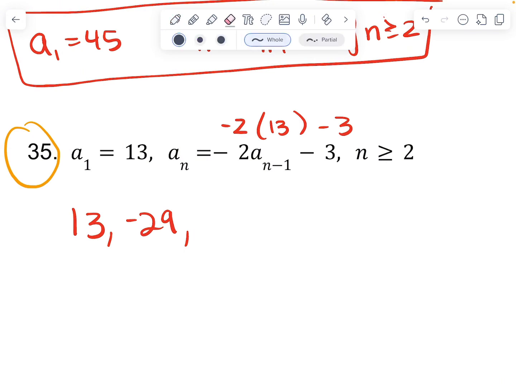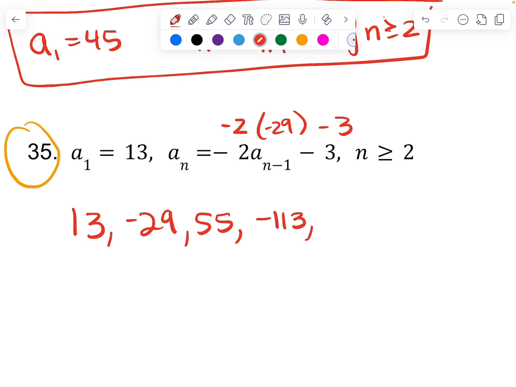So then I would plug in negative 29 here and multiply that by negative 2 and subtract 3 and get 55. Take that and multiply it by negative 2 and subtract 3. Get negative 113, and take that and multiply it by negative 2 and subtract 3. 223. Okay.